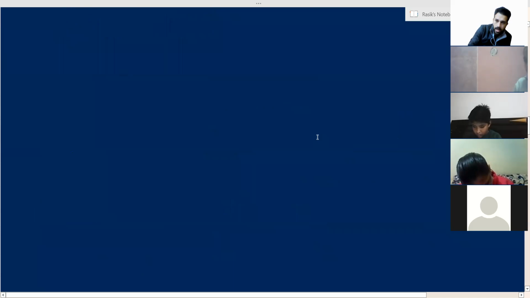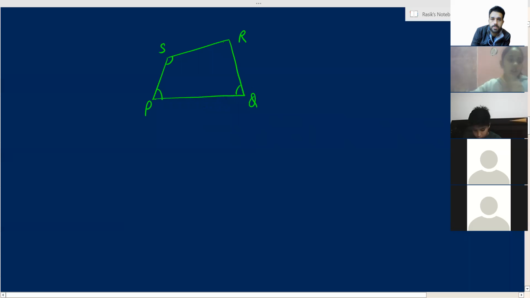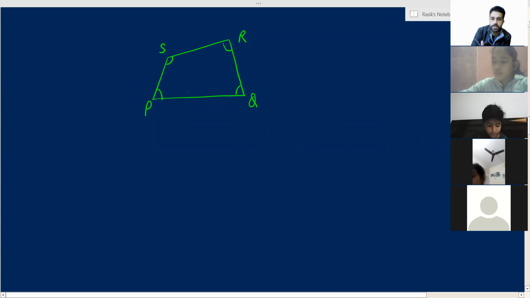Okay, let's start with the exercise. I have to explain the properties. So angle sum property, I have already explained to you, of a quadrilateral. What is the angle sum property? This is a quadrilateral. Let's name it P, Q, R, and S. There are 4 angles in a quadrilateral. Whatever the quadrilateral, some angle may be smaller or bigger, the measurements of the angles may change.